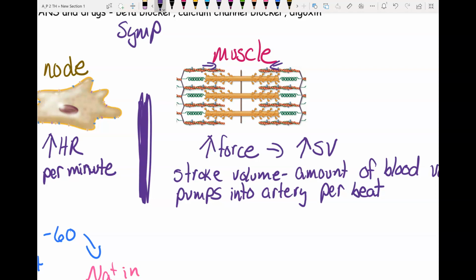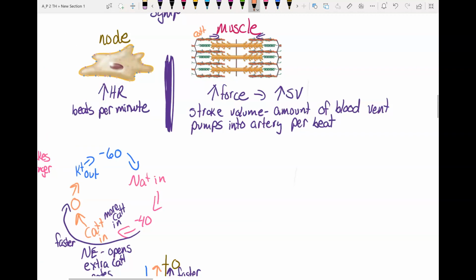Tropomyosin is blocking the myosin and actin from binding to each other. You have to move it. The way you move it is by having calcium bind troponin. When calcium binds troponin, it moves tropomyosin so that you can then form a cross bridge between myosin and actin.